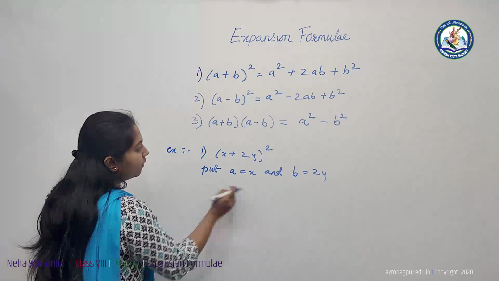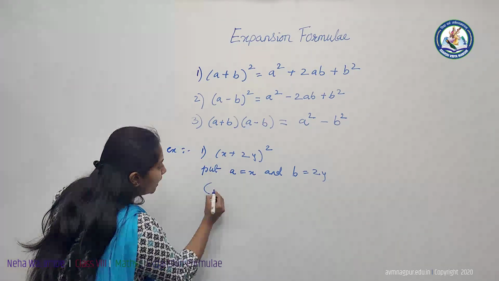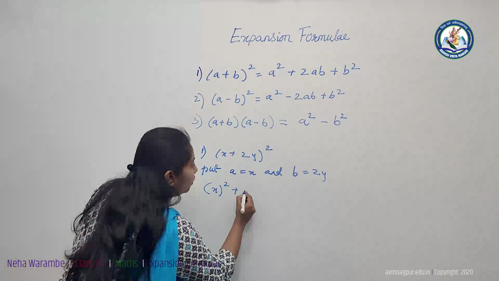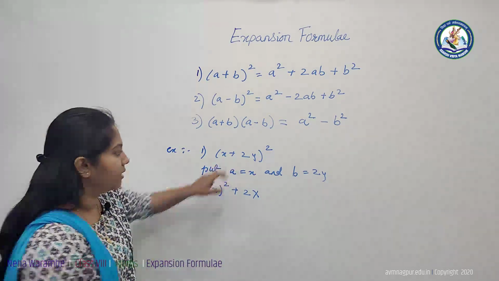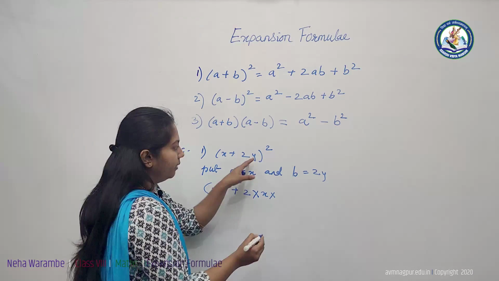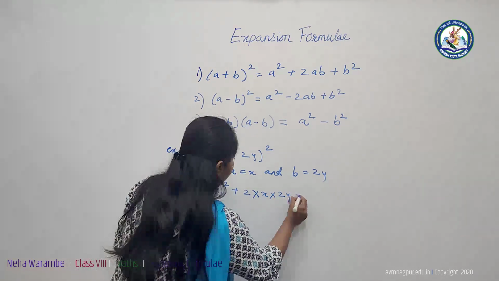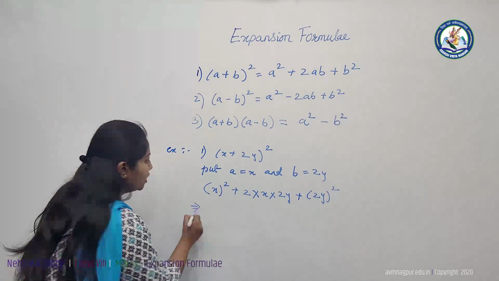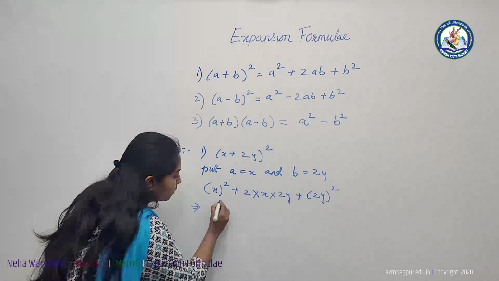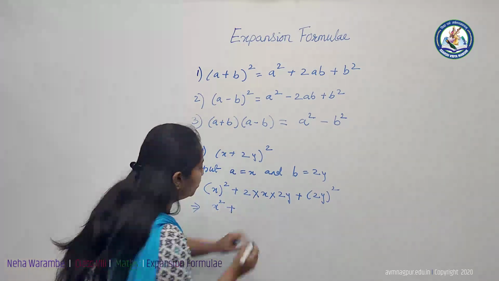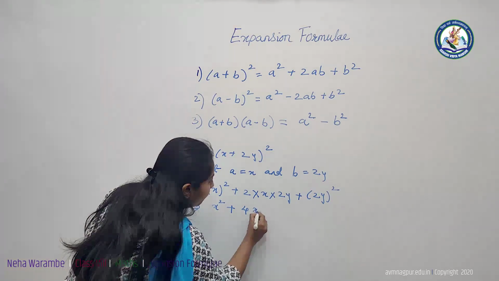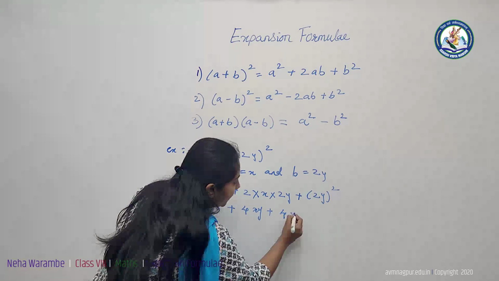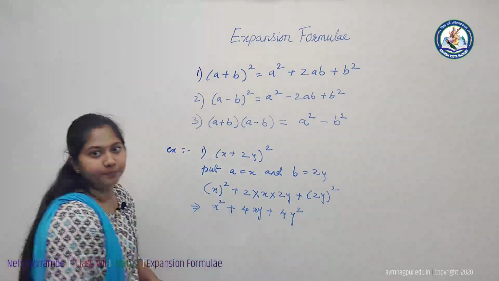Now a = x means first term square, that is x², plus 2 into first term x into second term 2y, plus second term square. Now the square of x is x², plus 2 into 2 is 4, x into y, plus 2 square is 4 and square of y is y².